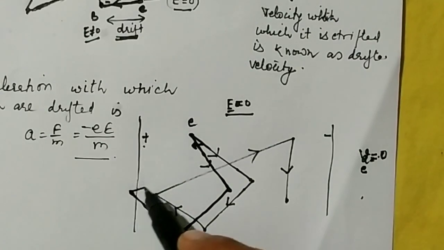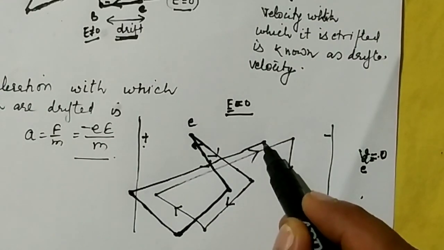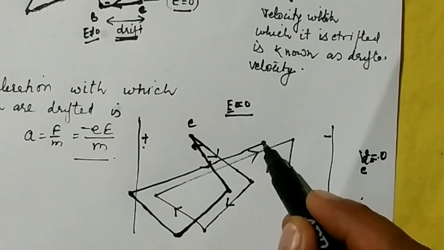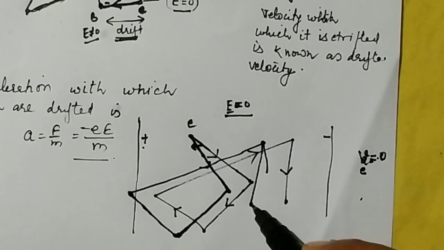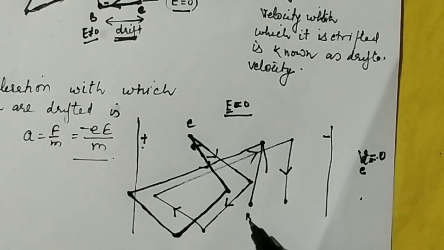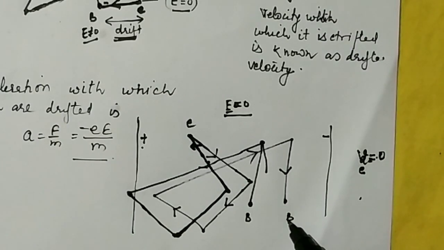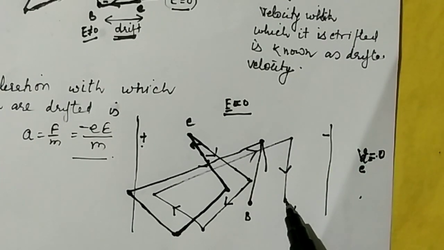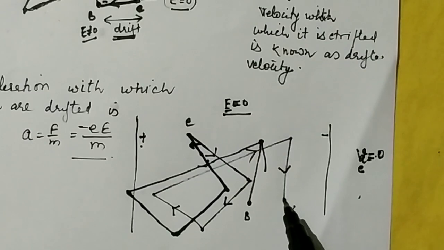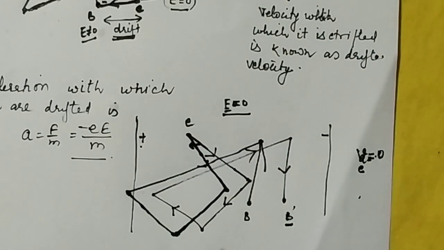If you keep on drawing the diagram, in the end you will find that the particle has reached this point B. If there was no electric field, the particle position would have been B dash.